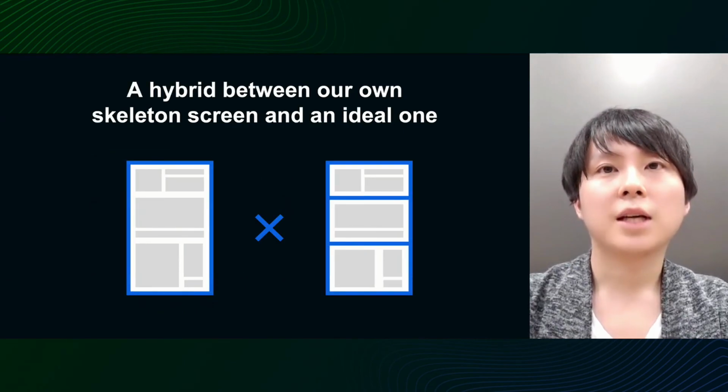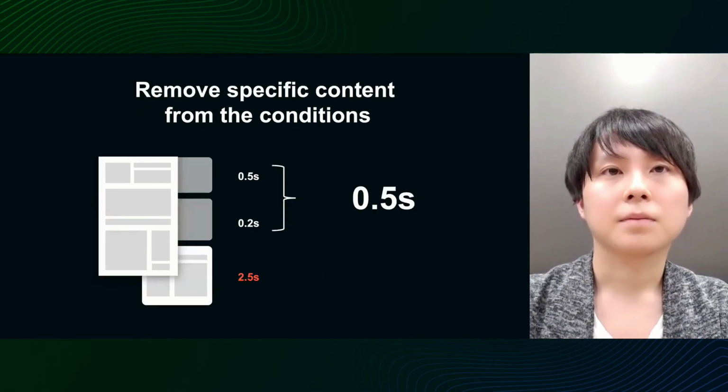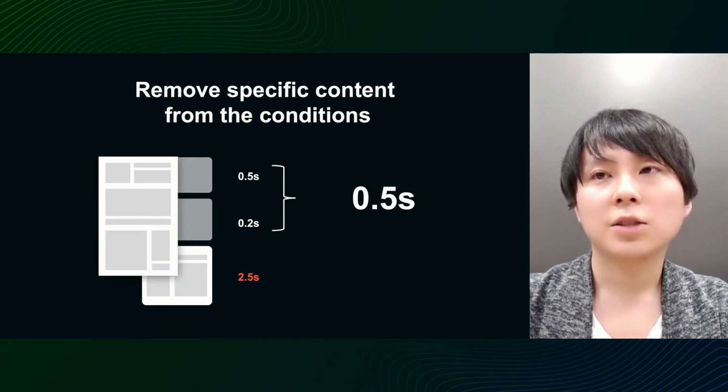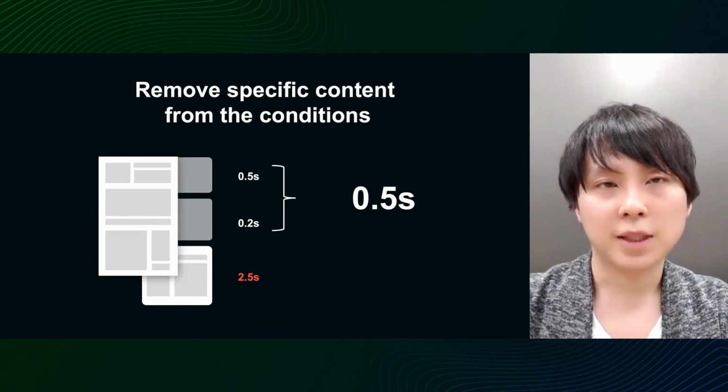For example, the single skeleton screen introduced here can be hybridized with the standard skeleton screen that is released in stages. If the content takes too long to display, it can be removed from the overall skeleton screen removal criteria, and the content can have its own skeleton screen.